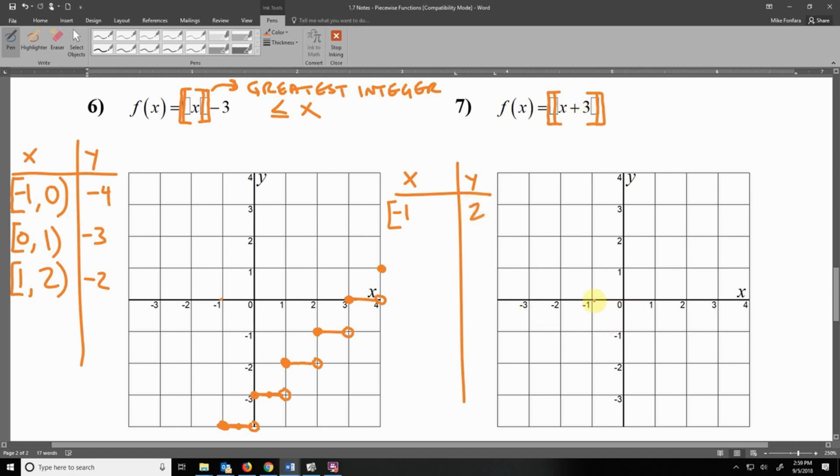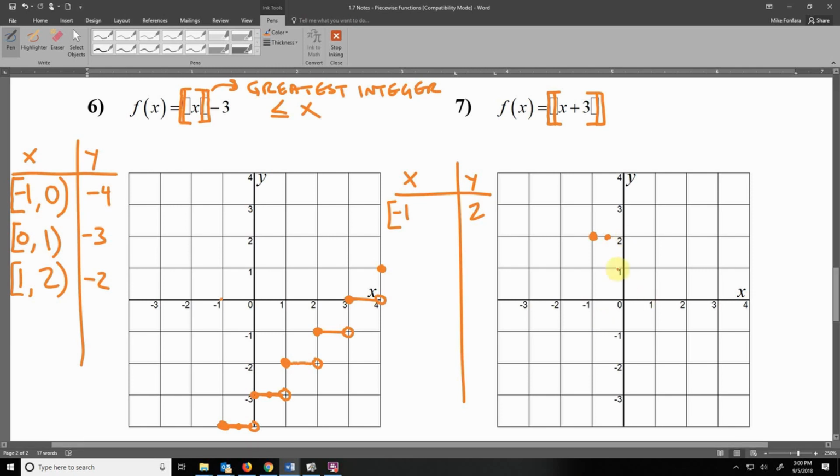So at -1, I got an output of 2. If I put in -1/2, when I add that to 3, I get 2.5, and the greatest integer less than or equal to that is 2. So when I input -1/2, I ended up with an output of 2.